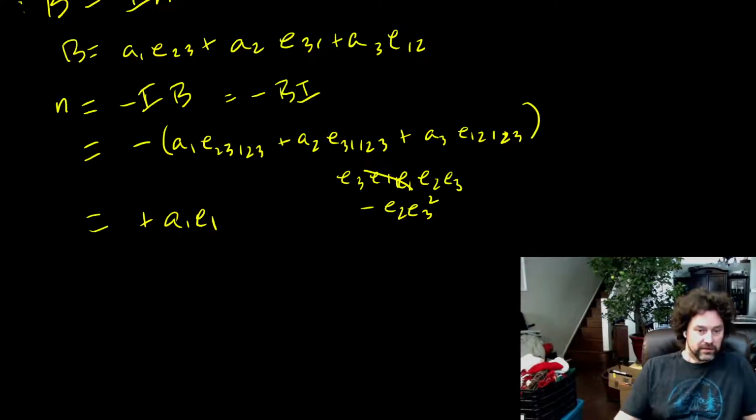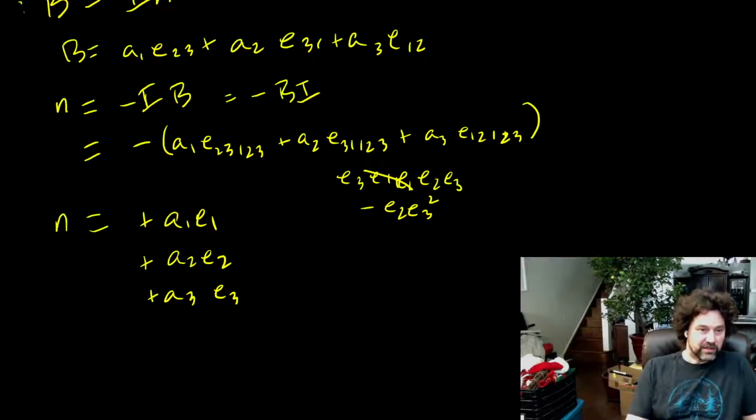And we're left with plus a2 e2, and you see the pattern here. So e1,2 e1,2 is e1,2 squared, which is minus 1 times e3, which is minus e3, but minus e3 is plus e3, so we're left with a3 e3.